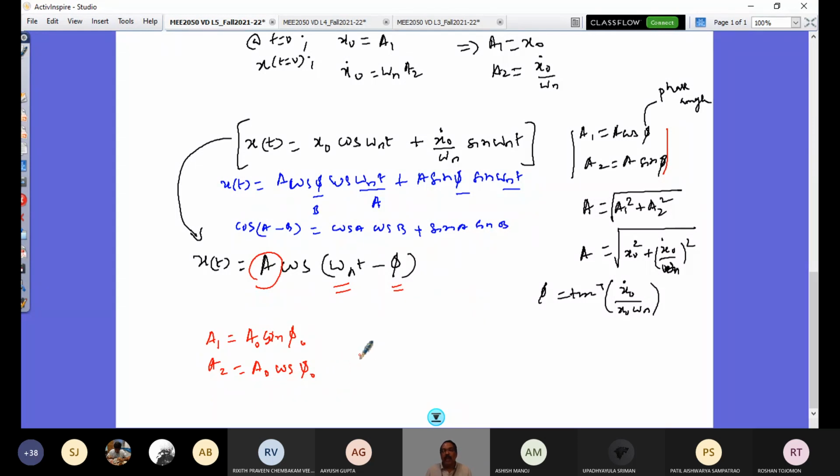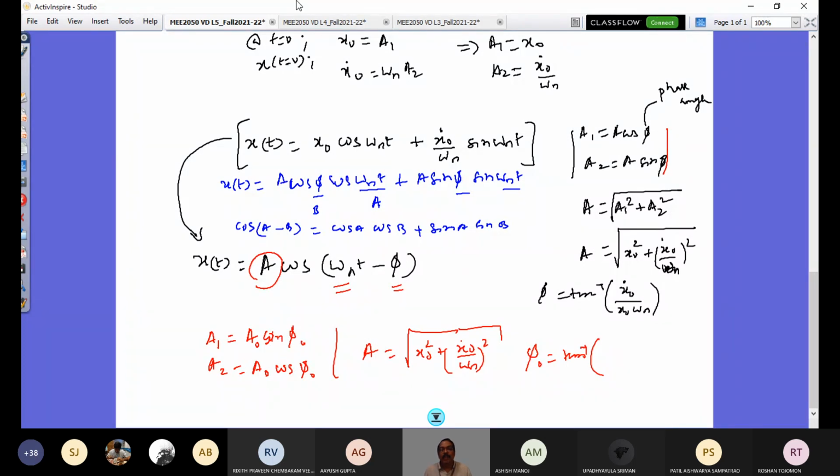I can take it like this also and work it out. What would change? There is no change in the amplitude definition. It is going to be the square root of x naught squared plus (x naught dot by omega n) whole squared. That's the same, but phi naught has to be carefully looked at. It is tan inverse of A1 by A2, since I needed tan phi naught.